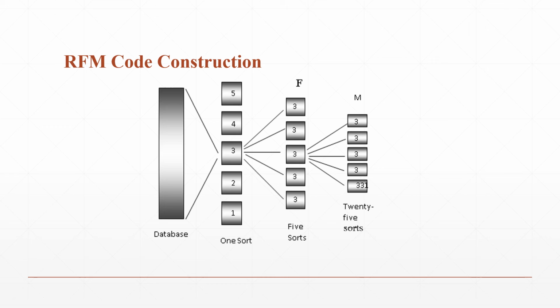So at the end of the day, there are 125 different codes, 5 times 5 times 5, with the code 555 being our most recent, our most frequent, and highest monetary value customers, down to 111, which is our oldest or least recent customers, least frequent customers, and lowest monetary value customers. And then all the others are arrayed in between. We do this then to predict which groups are most likely to respond positively to a particular offer.